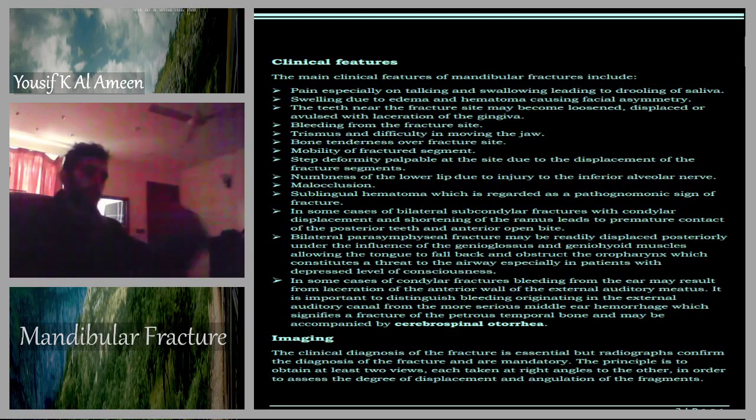These are the clinical features, and we will study them briefly now, and then we will explain the meaning of all of these paragraphs.